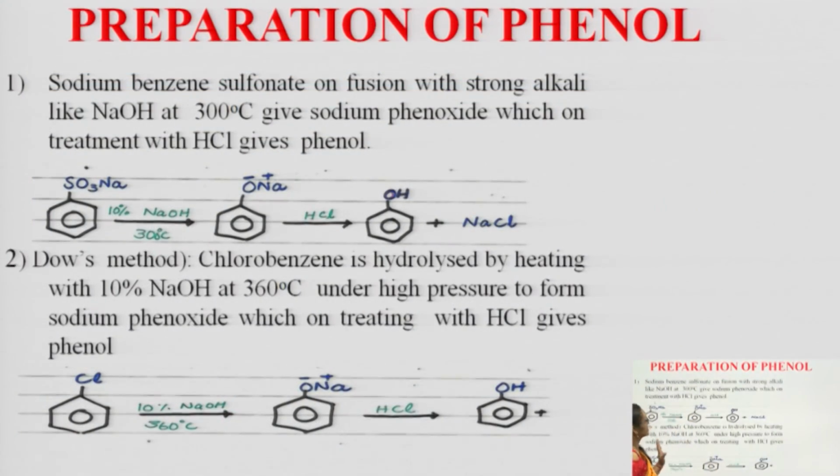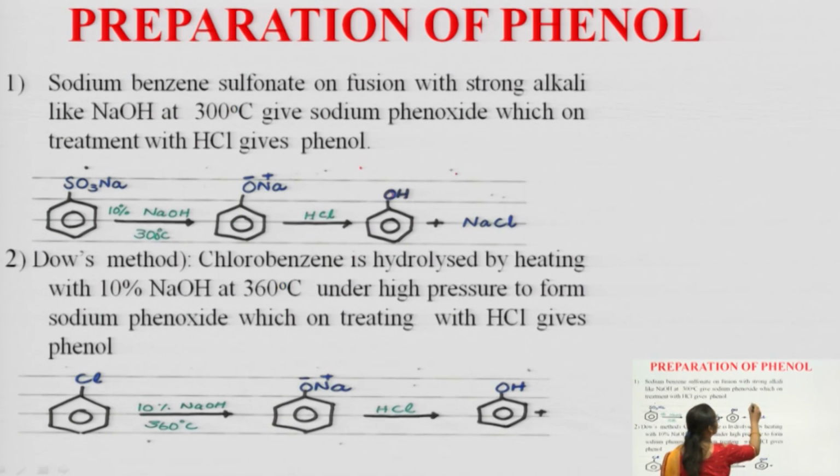Right. Next, the very important part is preparation of phenols. How can we prepare phenol in our lab or commercially? I have given a few methods which show how industries synthesize phenols or how you can synthesize phenol in your laboratory.